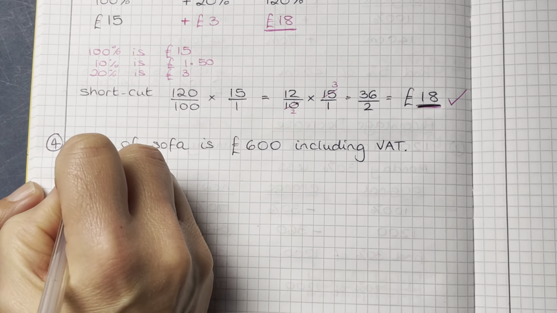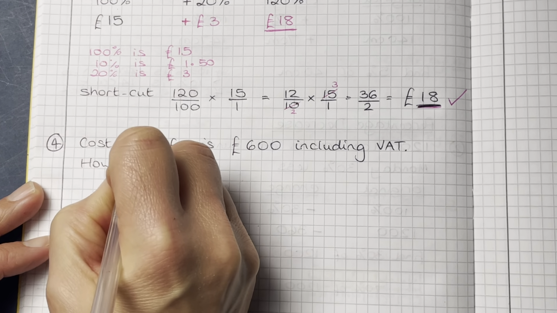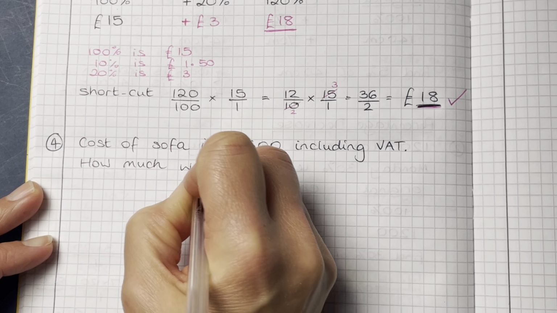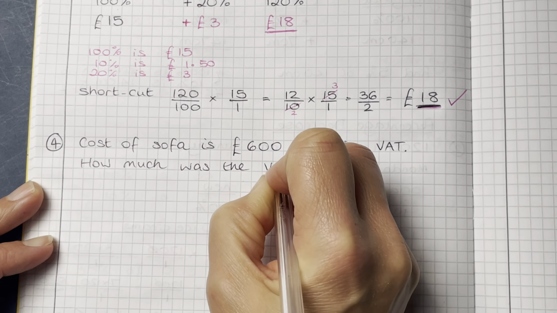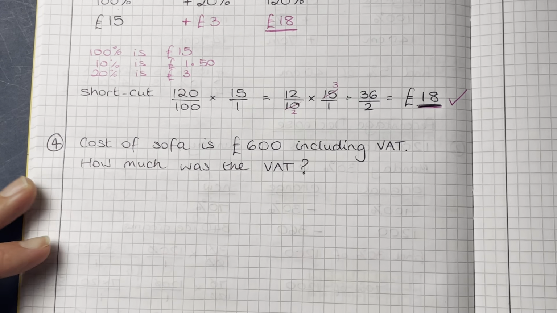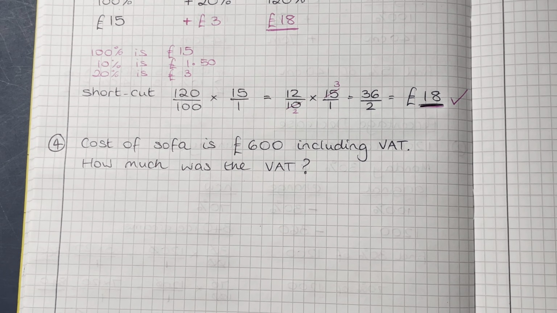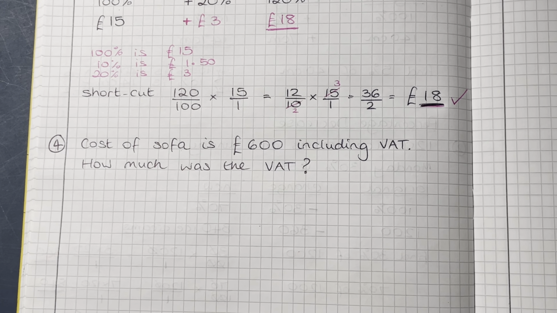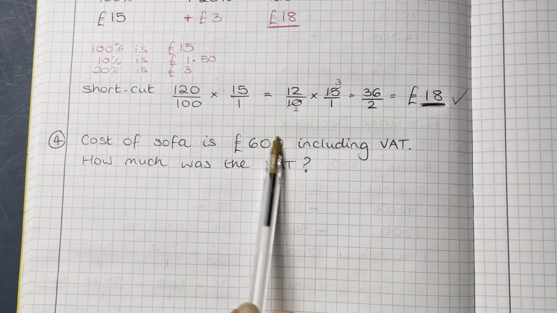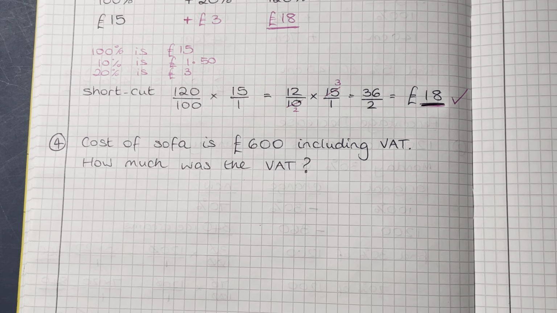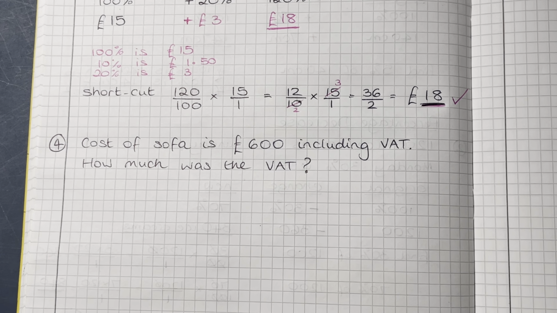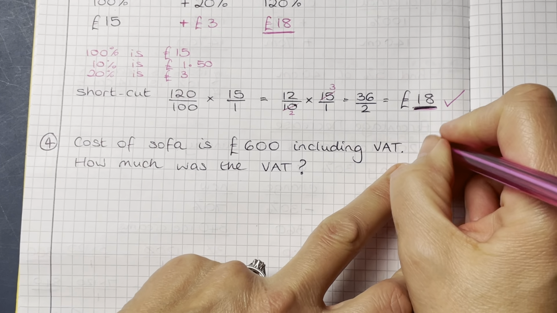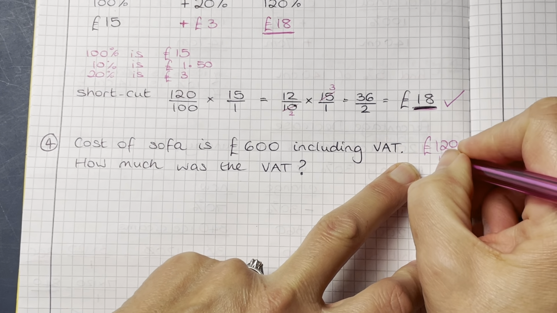I want to know how much was the VAT. Now be really careful here, because we don't want to think, well, I know that the VAT is 20%. So I know that 20% of 600, well, 10% would be 60, so 20% must be 120. It must be £120.